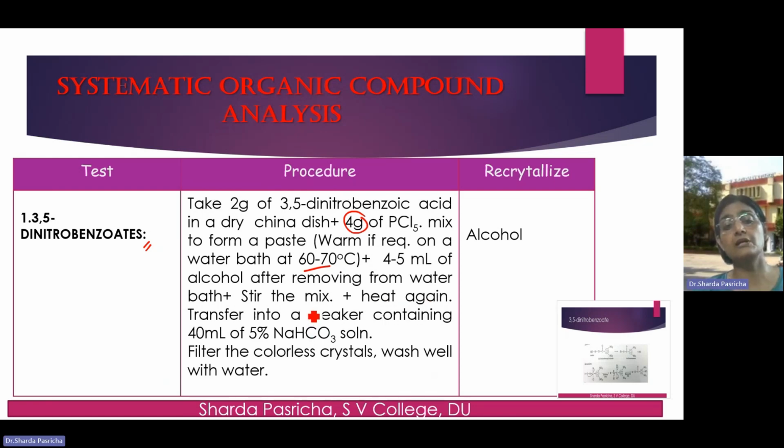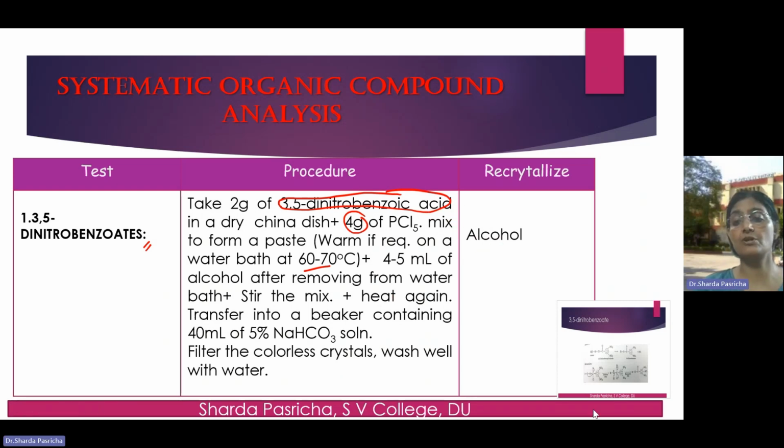You will see some solid being formed. Transfer the contents to a beaker containing about 40 ml of 5% sodium bicarbonate. This is to neutralize any unreacted 3,5-dinitrobenzoic acid. Filter the colorless crystals, wash them well with water, dry, and recrystallize from alcohol.